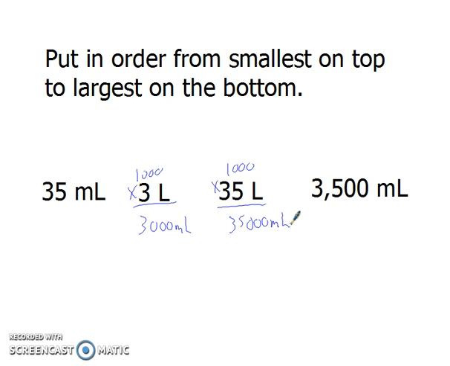Now I just start looking at them and putting them in order. 35 milliliters would be the smallest. 3,000 milliliters would be the next smallest, but remember that was really 3 liters. Then 3,500 milliliters. And the biggest was 35 liters.